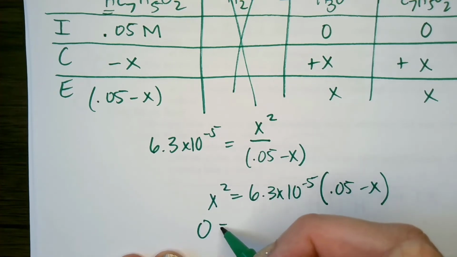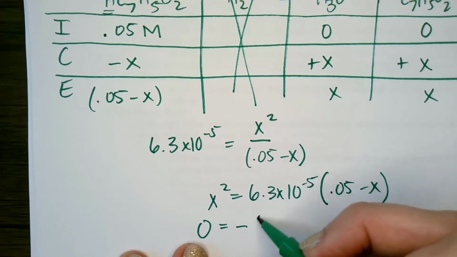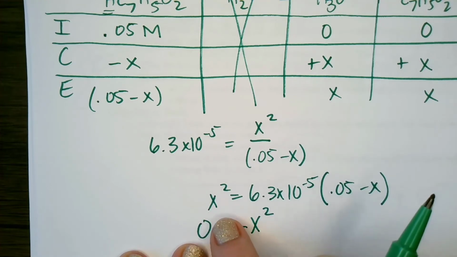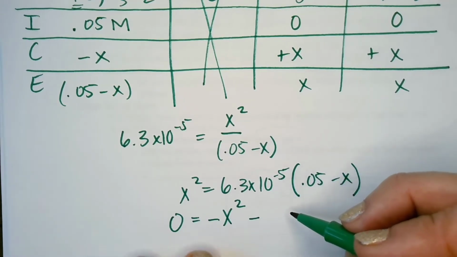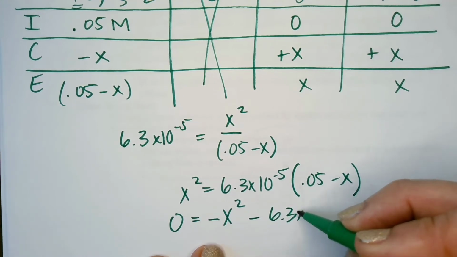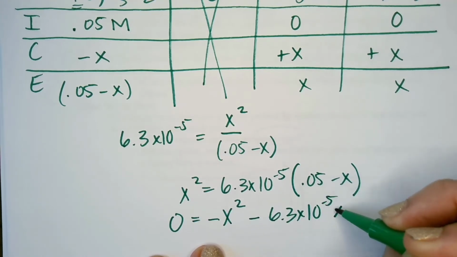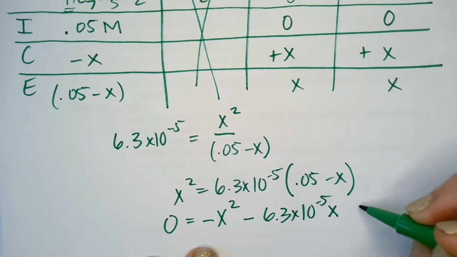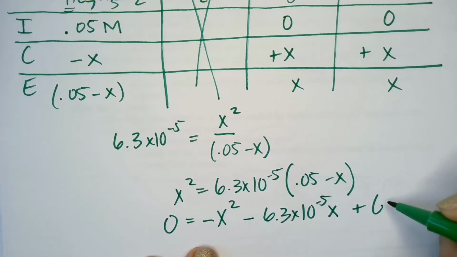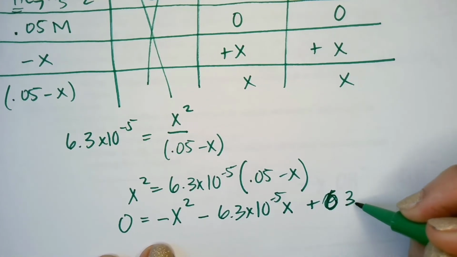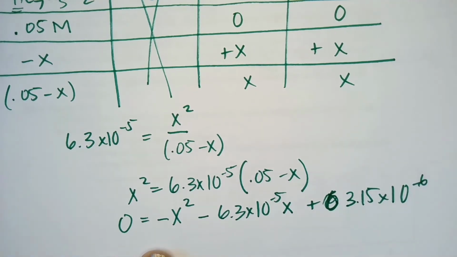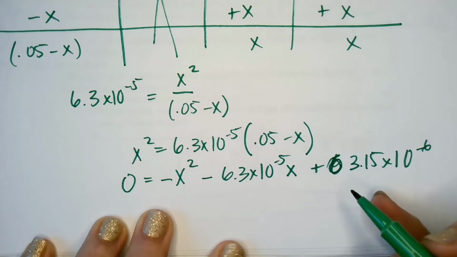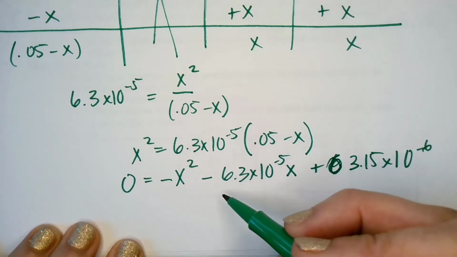So when we distribute and we subtract X squared from both sides, we would have 0 is equal to negative X squared, right, because we're subtracting X squared, minus 6.3 times 10 to the negative 5th X, plus 3.15 times 10 to the negative 6.